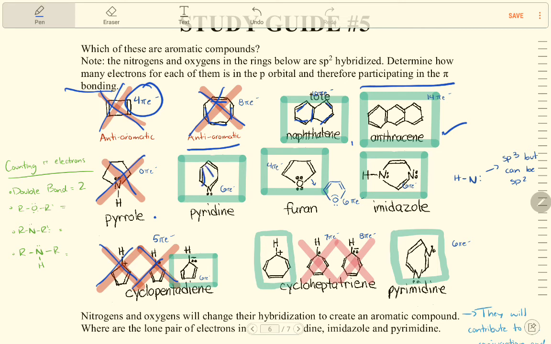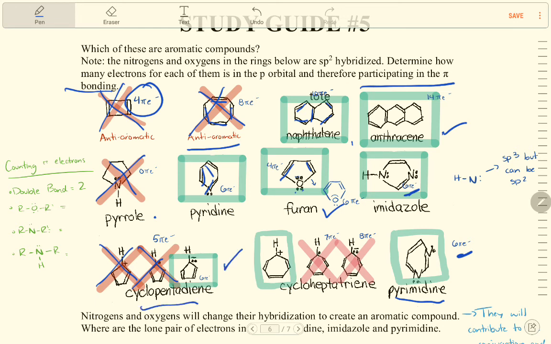Pyridine, 1, 2, 3, yes. Furan, 6 pi electrons. You consider 1, 2, 3, 4, 5, 6. Okay. Imidazole, that is 6 pi electrons, and that is aromatic. Pyrimidine, 6 pi electrons, and the cyclopentadienyl anion, 6 pi electrons.